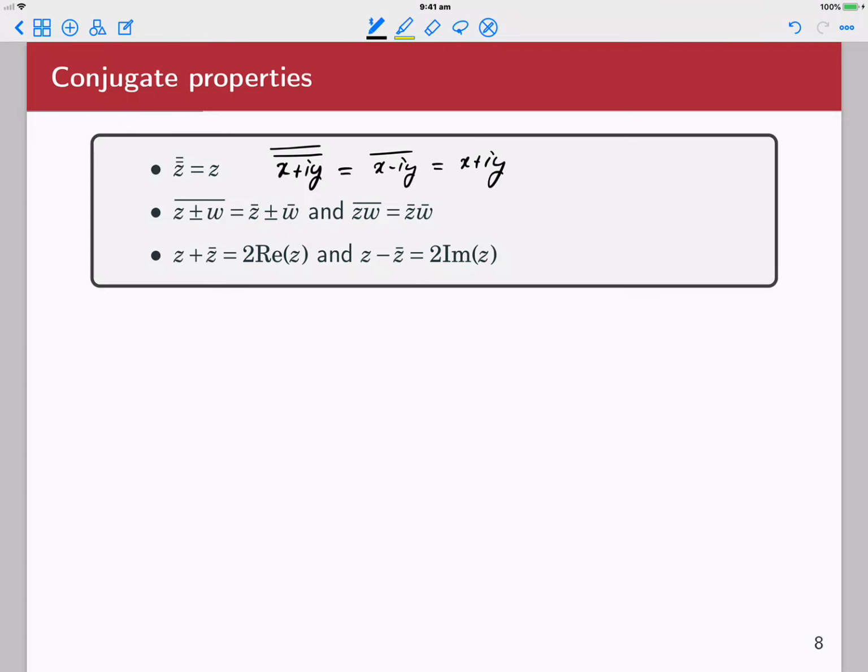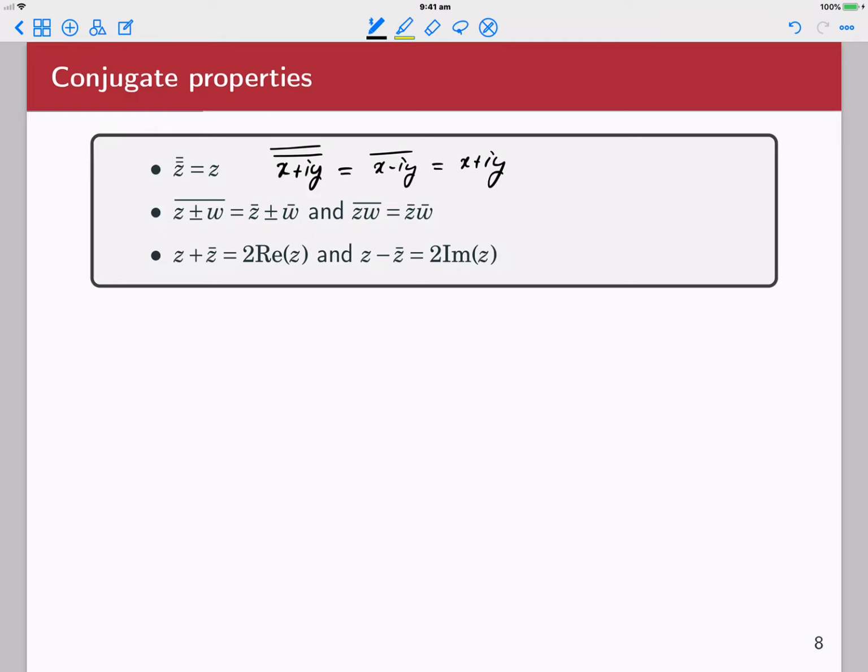The second point says that when you're adding, subtracting, or even multiplying, and dividing is not there but it should be, it doesn't matter if you change the order of the operation and the conjugation. In other words, you can add and then take the conjugate, or you can take the conjugate and then add.